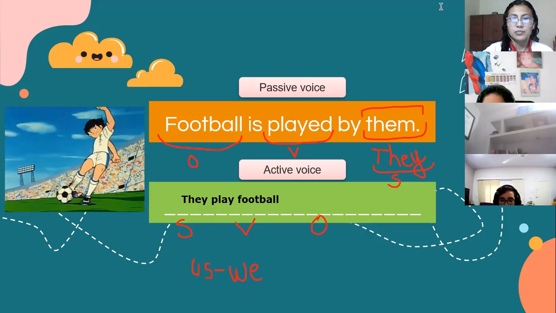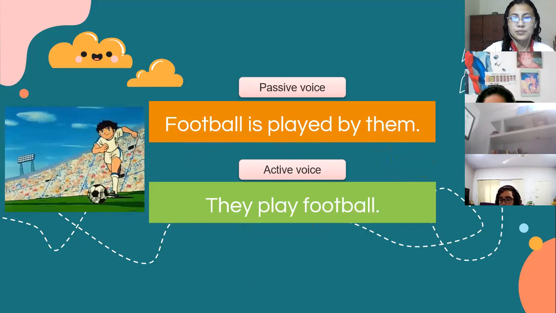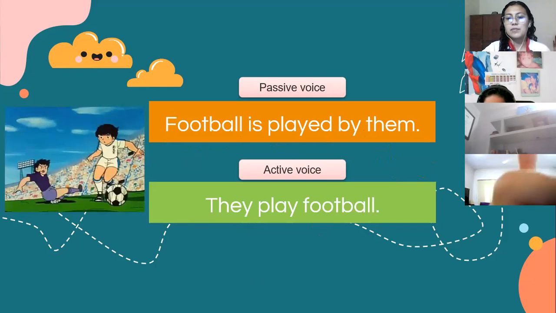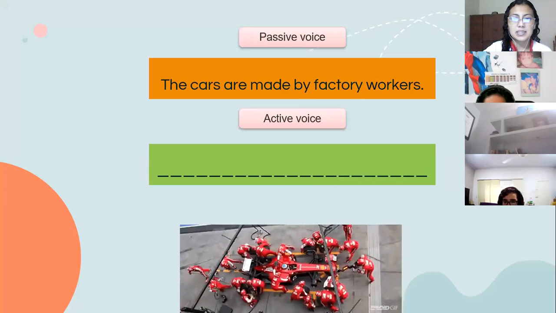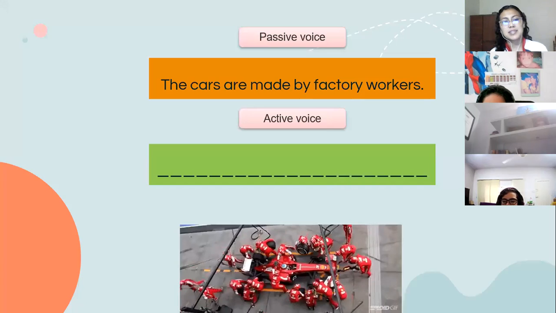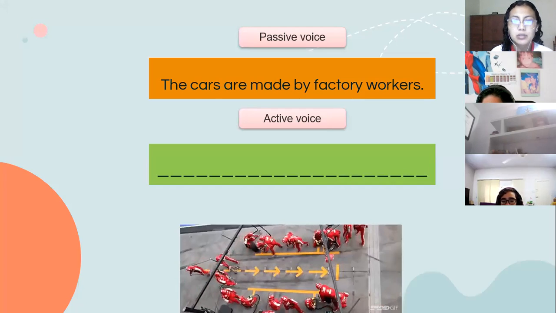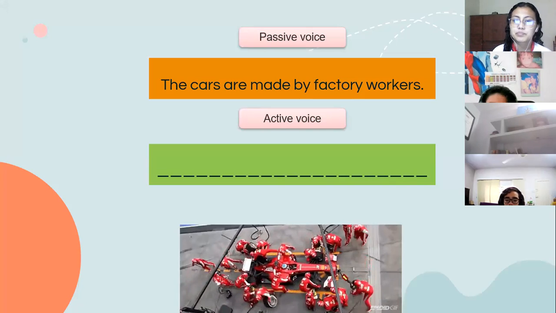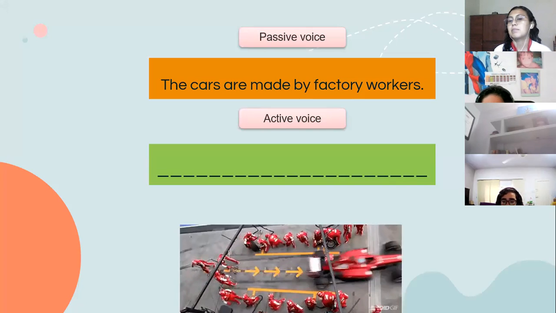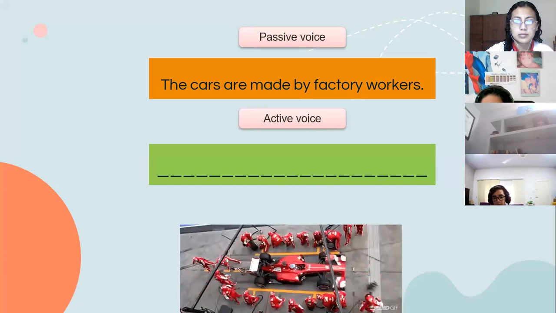No, miss. Everything is clear? They play football. Easy peasy. Here we have another sentence. The cars are made by factory workers. Miss, then sería factory workers made the cars.